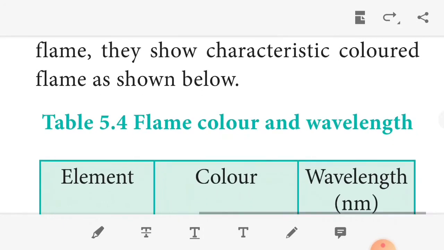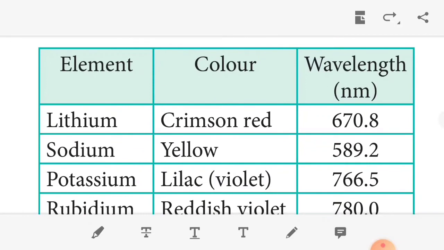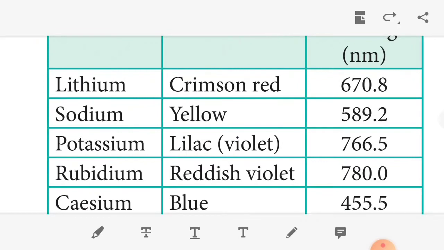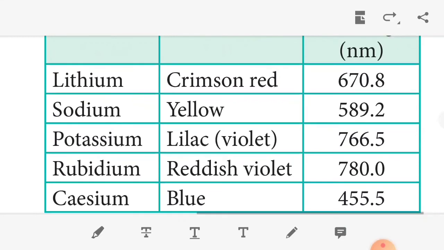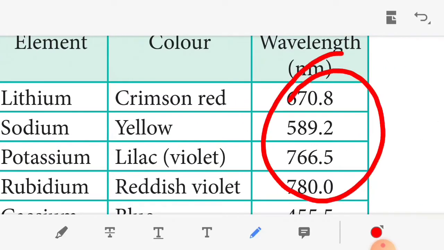The flame color and wavelength are listed here. Lithium is crimson red, the wavelength is 670.8. Sodium is yellow, potassium is violet, rubidium is reddish violet, and cesium is blue. So the wavelengths of the alkali metals are listed here.